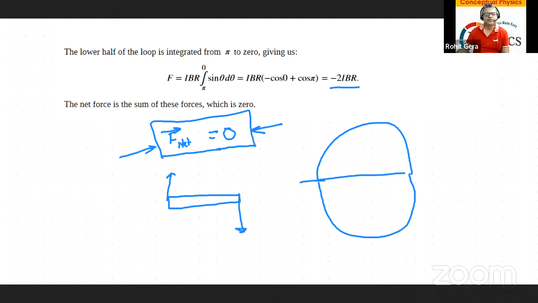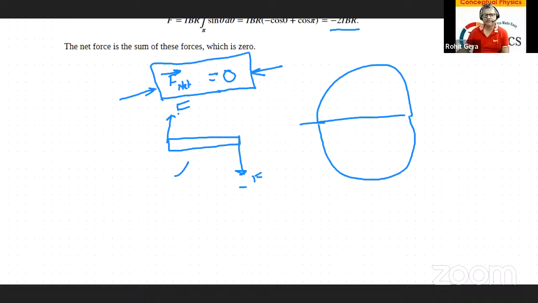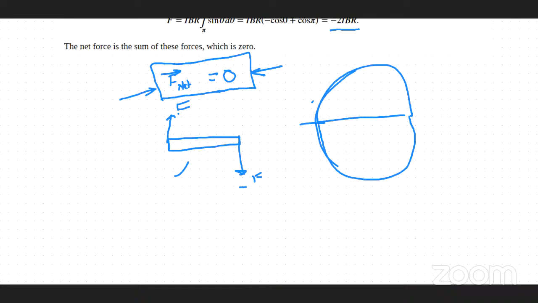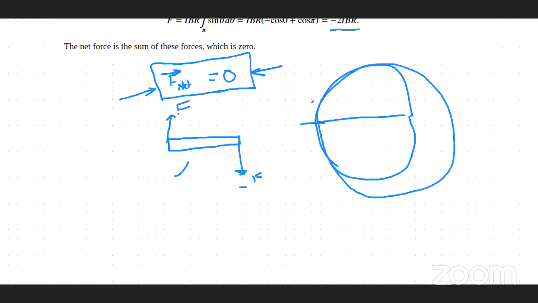Although the net force is 0, this is F, and this is also F in the opposite direction. The net force on the system is 0. But this force is having the power of rotating. Rotational power is there. So this loop starts rotating. A circular loop will start rotating.